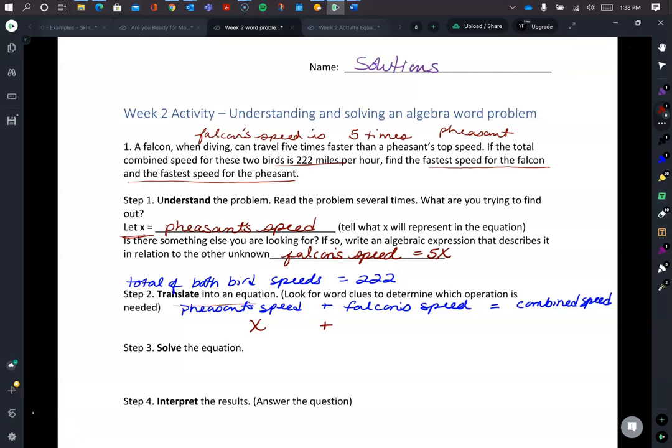Falcon speed we're calling 5X because it's in relation to the pheasant speed, which is 5 times faster than the pheasant. Equals combined speed, which we have a little note here that the total of both birds for their speed is 222. And it's all in miles per hour. You can jot that down off to the side so you know what units to use.